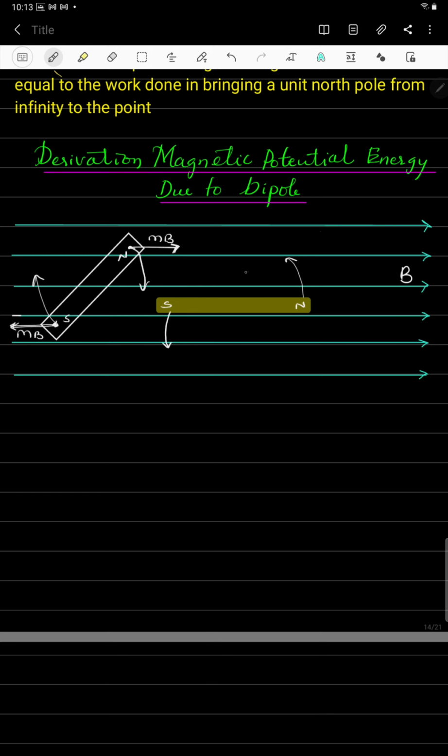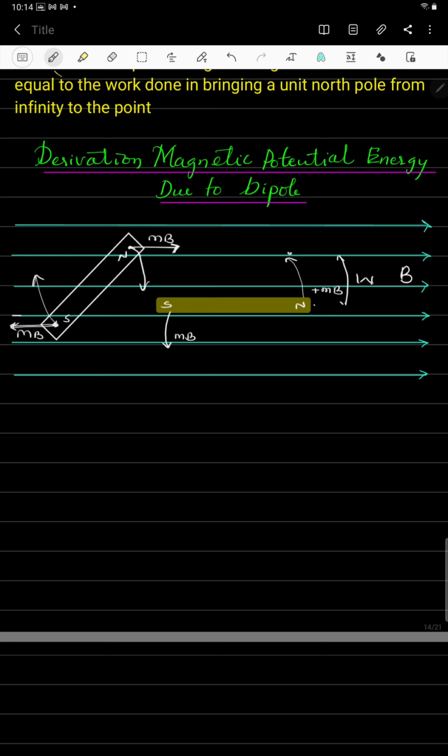While doing this rotational motion, a magnetic field is generated in that magnet, and that gives a change in the energy. So for moving the magnet from this position to this position, we have to do some work.